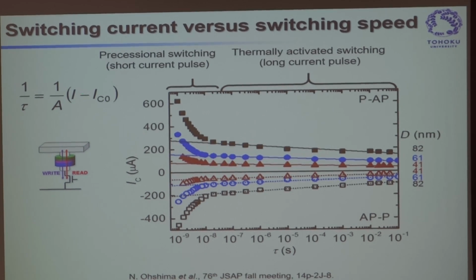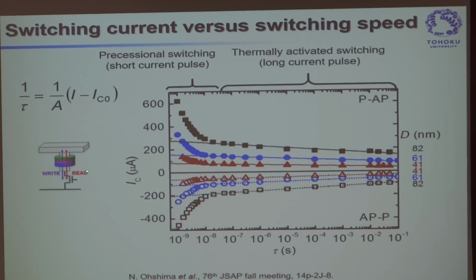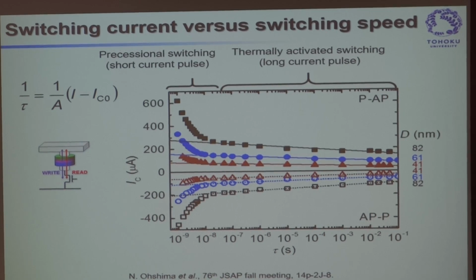This is something that we don't want, because in order to make it 10 times faster, we have to invest 10 times larger current, and you can go very close to the dielectric breakdown of MgO.